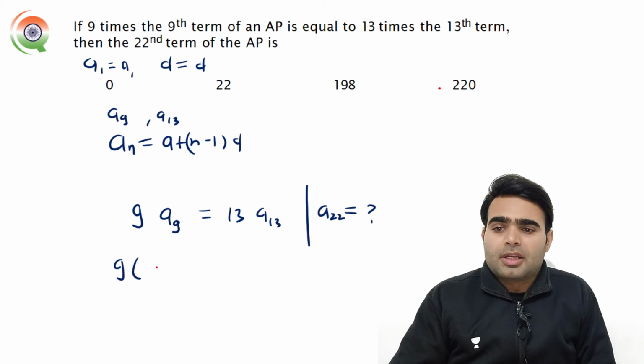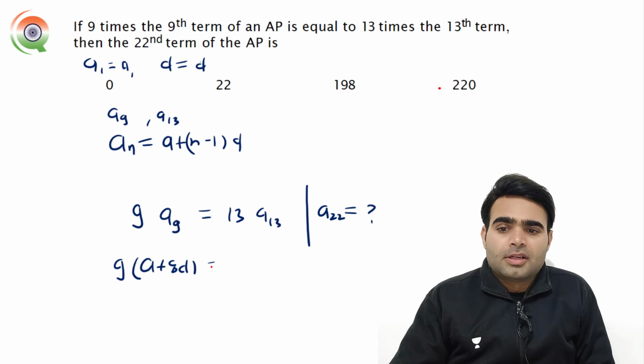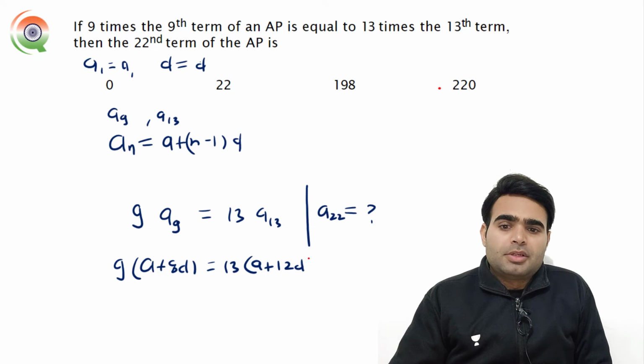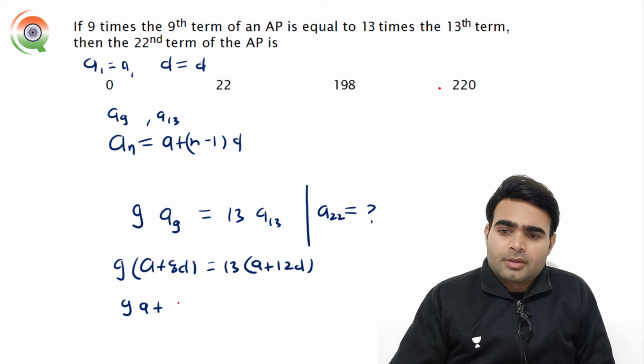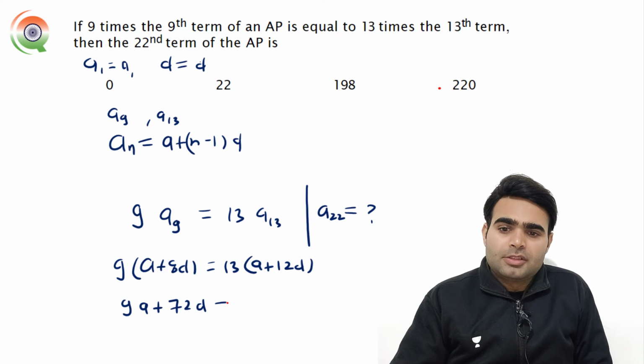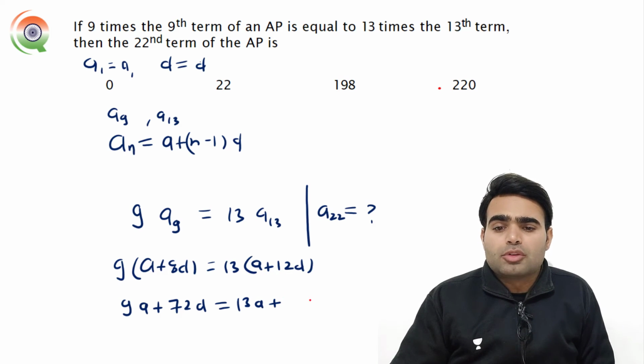You can see we can apply the formula: 9 times (A plus 9 minus 1, that is 8D) is equal to 13 times (A plus 12D). So this will be 9A plus 72D, equal to 13A plus 12 into 13, that is 156D.